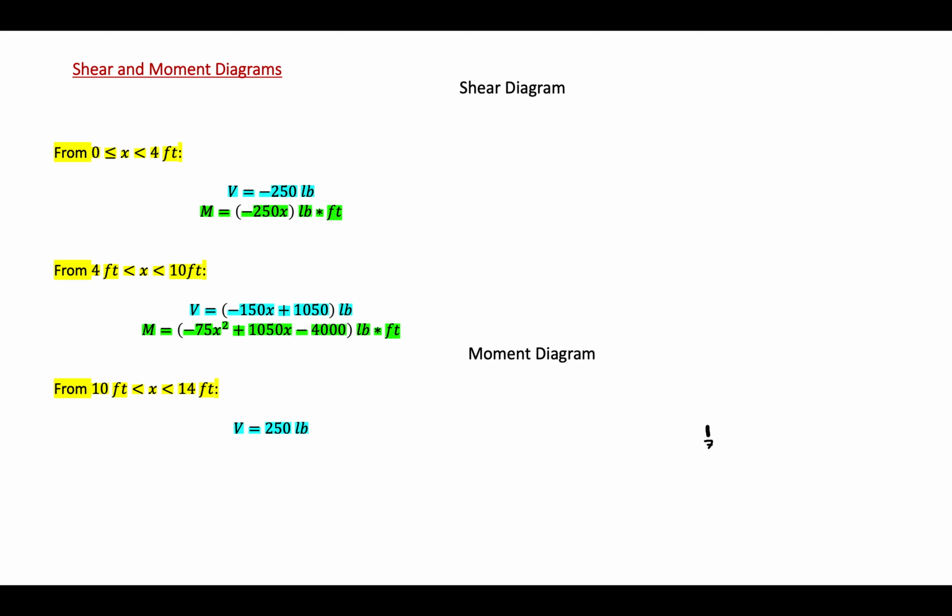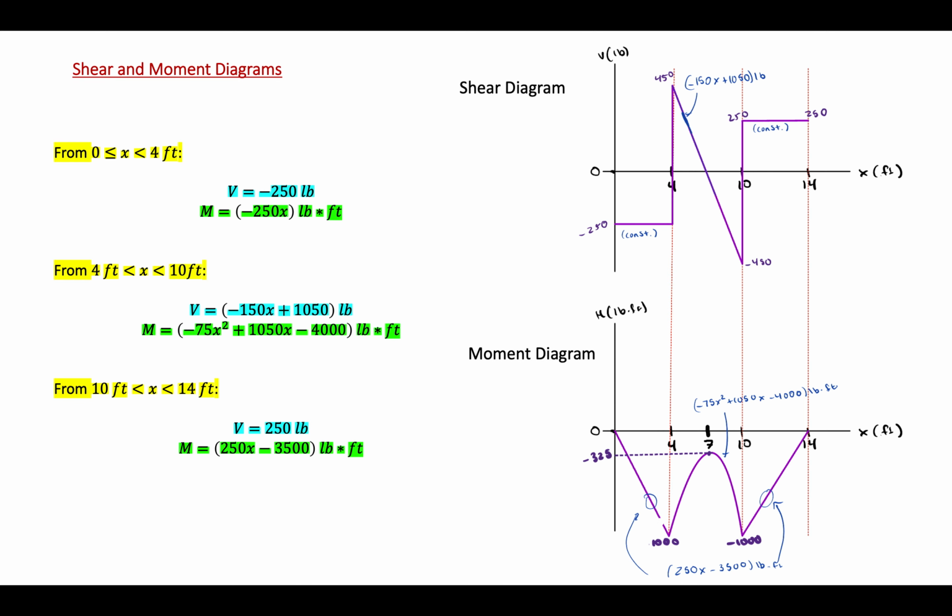Now that we have the shear and moment functions, we can draw the shear and moment diagrams. Looking at the shear diagram from 0 to 4, we have V equals negative 250 pounds, which is a constant. From 4 to 10, we get V equals negative 150x plus 1050, which is a negative linear.